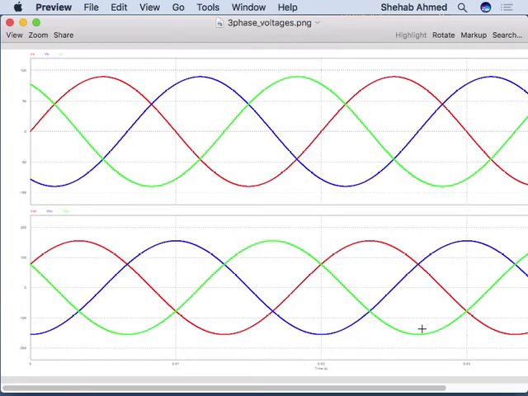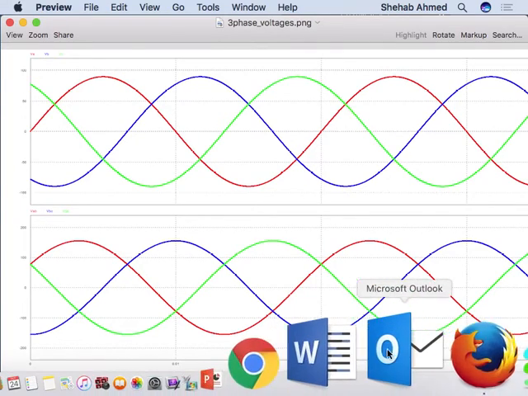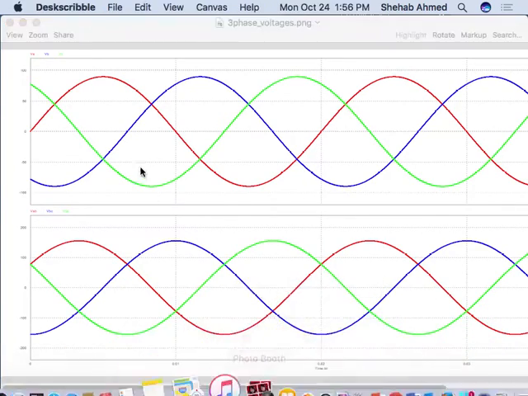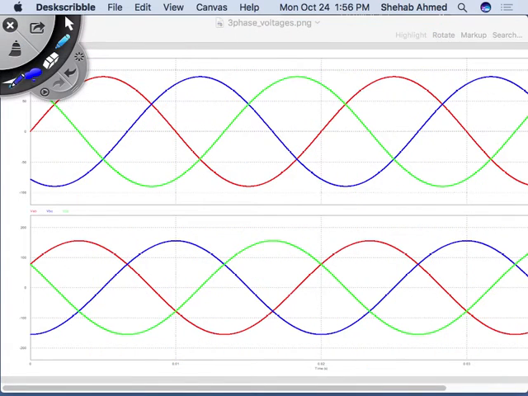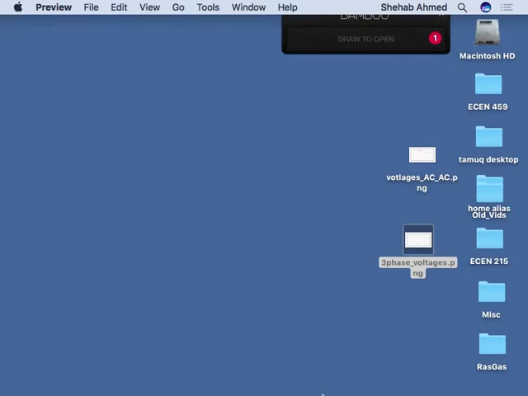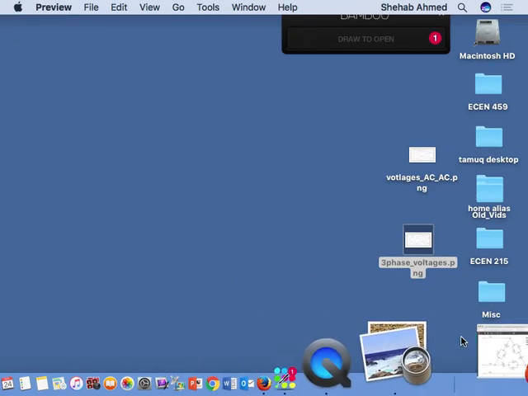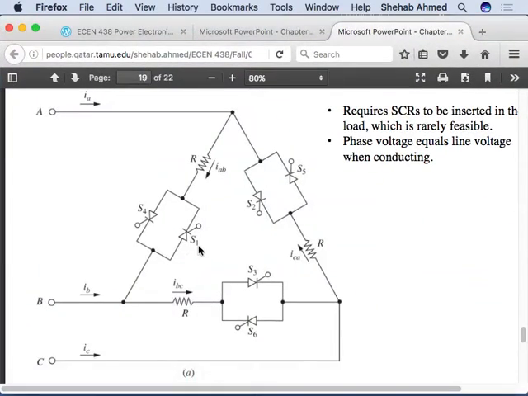You'll find this a lot easier, because let's go back to the circuit here. Anytime thyristor 1 or thyristor 4 are on, I'm applying line voltage VAB across this resistor, correct?